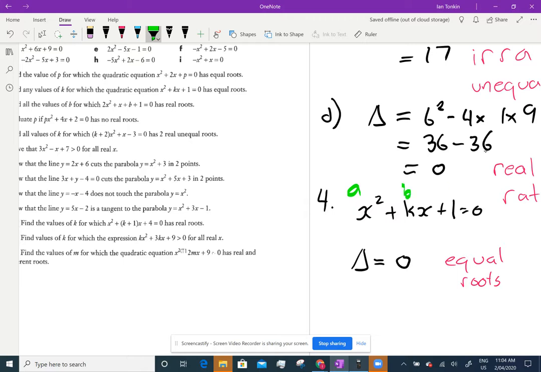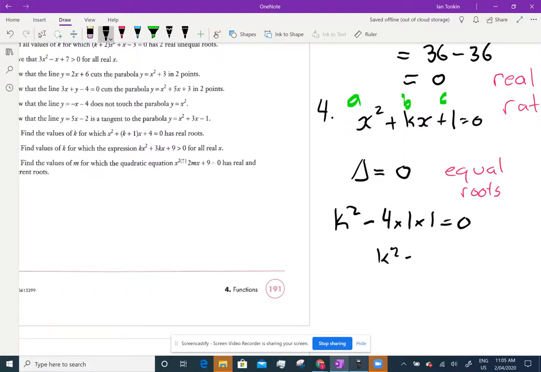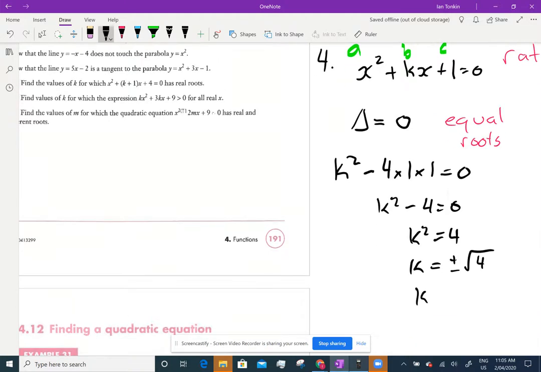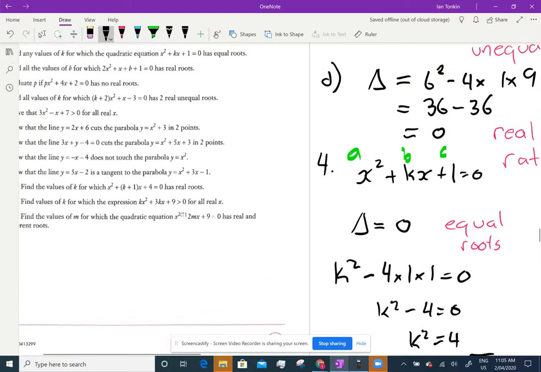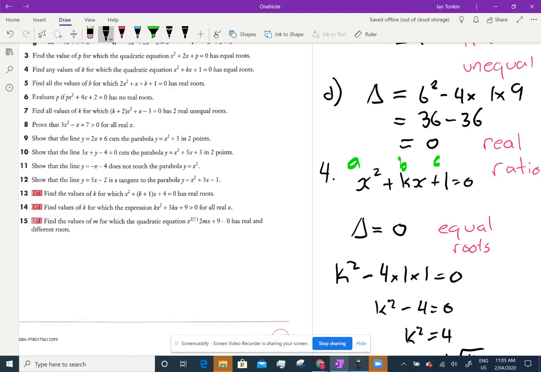That's our a, that's our b, that's our c. k squared minus 4 times 1 times 1 equals 0. So k squared minus 4 equals 0, which means k squared equals 4. That means k equals plus or minus, because you get two answers, the square root of 4, so k can equal plus or minus 2. So the values for k that will make that have equal roots are plus or minus 2.